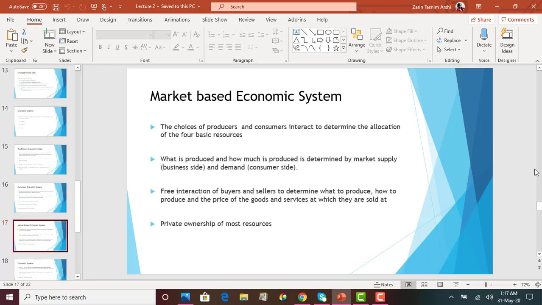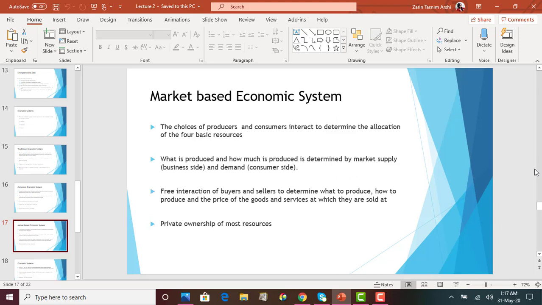And lastly, we have the market-based economic system, or the free market economic system. The US is an example of that. What that means is consumers and producers are free to decide. They are free to make their own choices. They can interact freely in the market without any type of interference, and decide what they want to buy or how much quantity they want to buy.